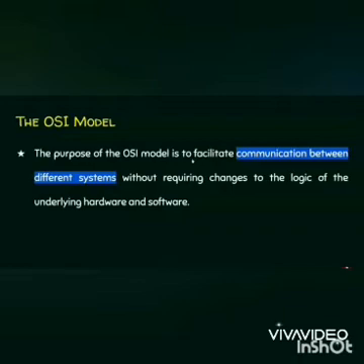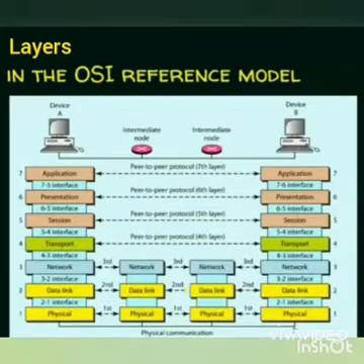So two different systems are going to communicate with each other with the help of guidelines provided by the OSI model, so that we don't require any changes to the logic of the underlying hardware and software. Now we will see what are the various layers in the OSI reference model.